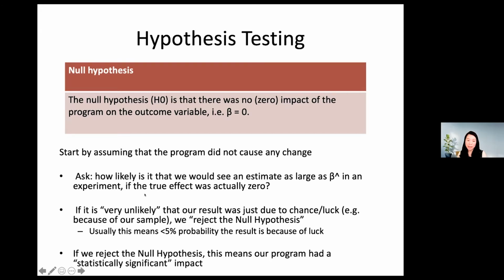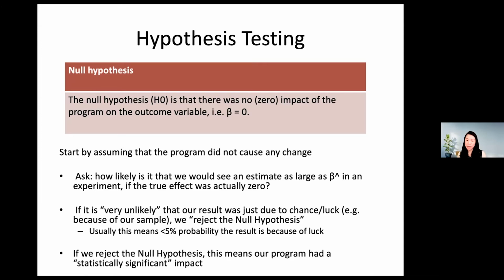And then we ask, how likely is it that we find the difference, either 7 points in the hemoglobin test, or 10 points in a math test score. This beta hat we're seeing here, is the true effect actually 0 or not?